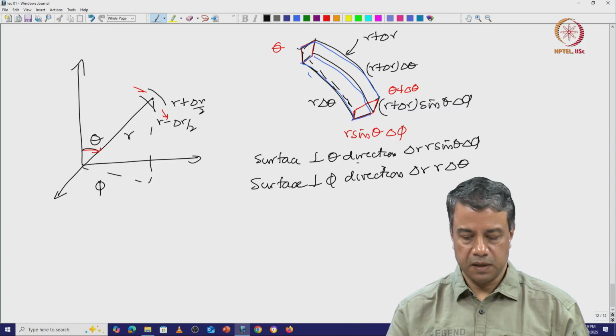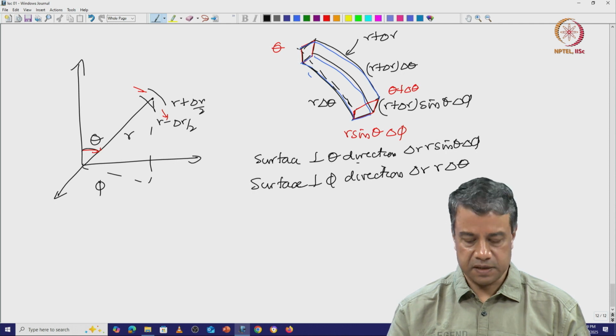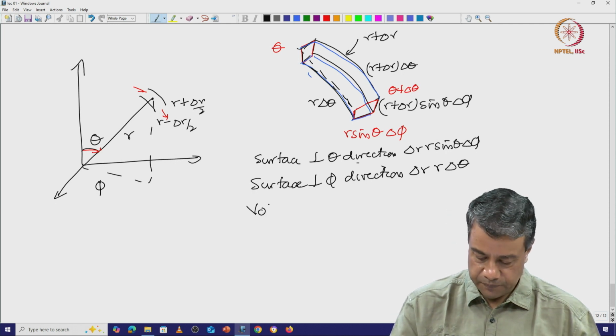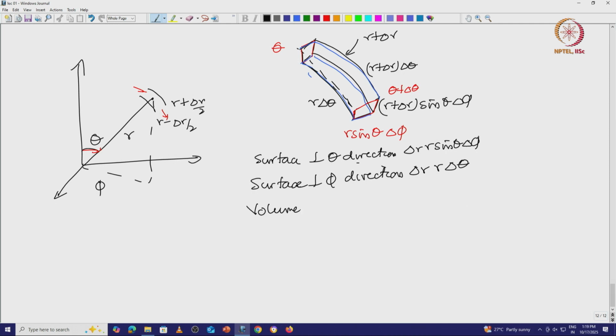So, it is for these 6 surfaces, and the volume, which is the increment in the r direction, theta direction, and phi direction. It is for this differential volume that we will be writing the conservation equation.